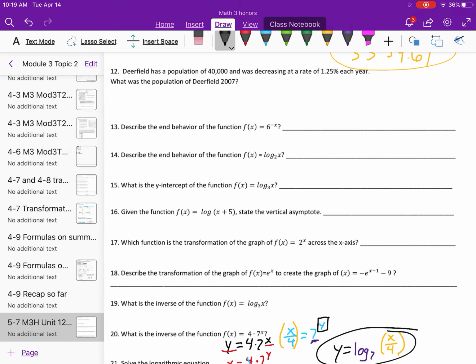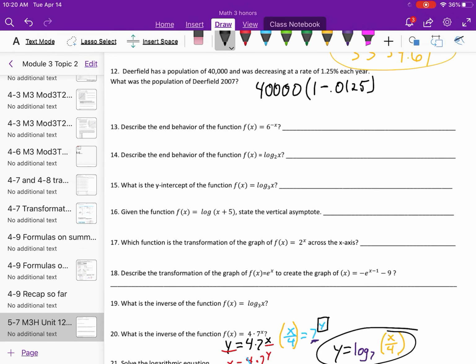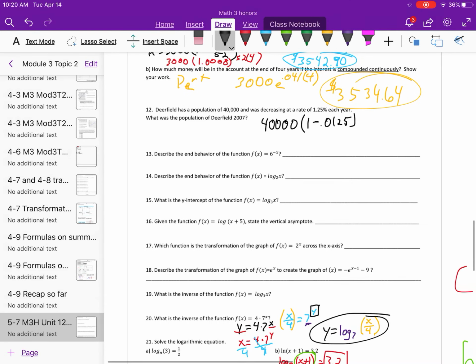So here we have P, which is our initial population, so 40,000 multiplied by 1, and it says it has a decreasing rate, so we are going to subtract 0.0125, right? I'm going to go back just to make sure. Good, and then I'm going to raise this to T, the time. So how many years? Okay, so this was a population each year.